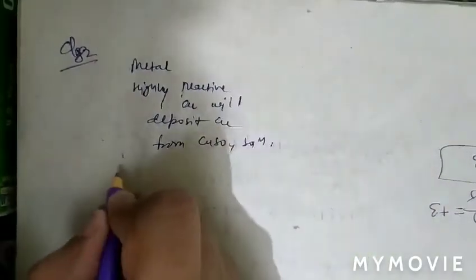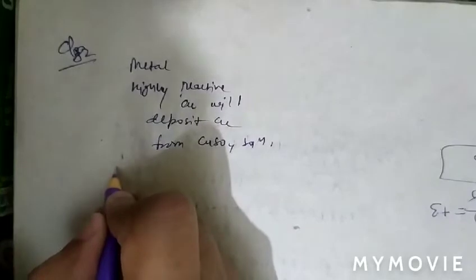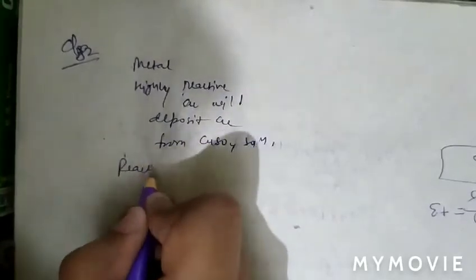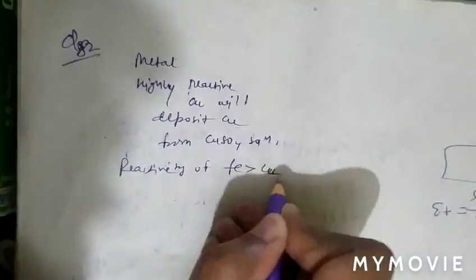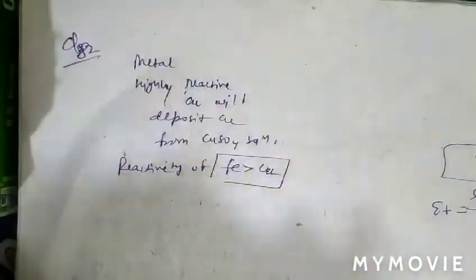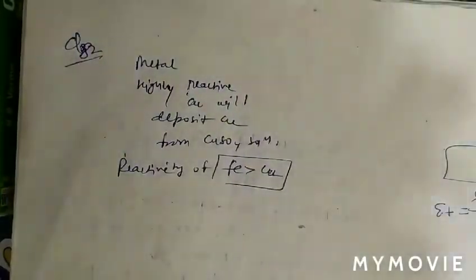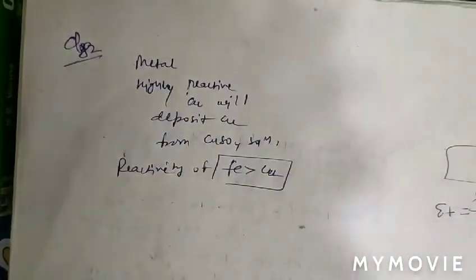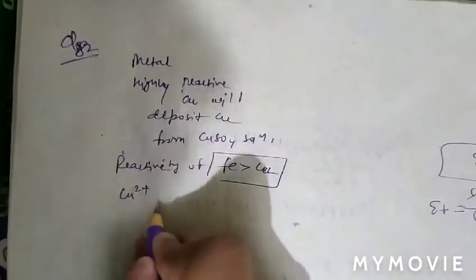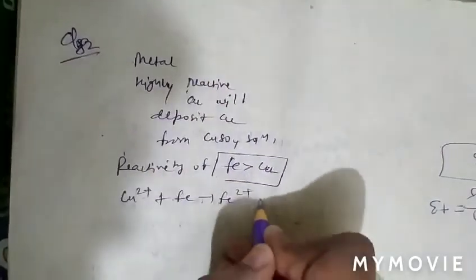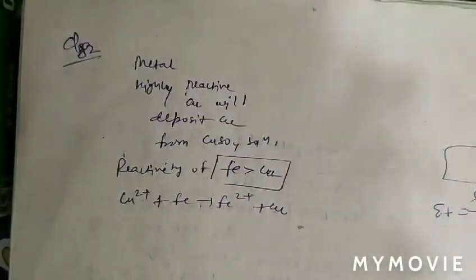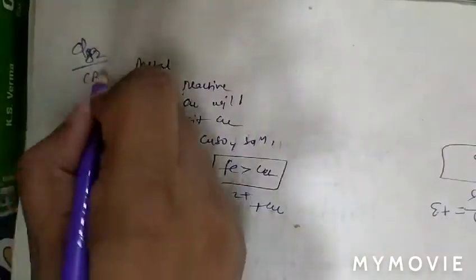And we can say that iron is more reactive. Reactivity of iron is more than copper. Therefore, iron can deposit copper from copper sulfate solution. It means Cu2 plus ion gets reduced and Fe gets oxidized to Fe2 plus. So question number 82, option B is correct.